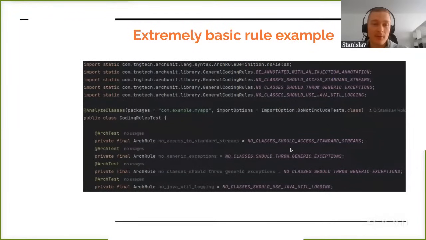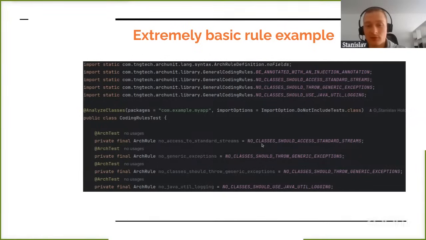And now let's go to the very, very basics, where you don't even write any code, but you want to use some simple ArchUnit rules. You can just import some of them which are predefined, coming from the ArchUnit library.